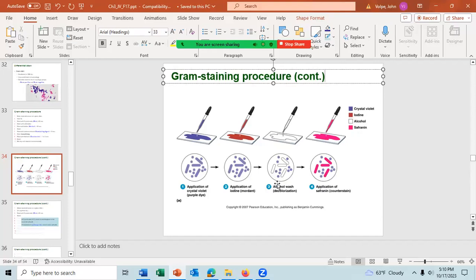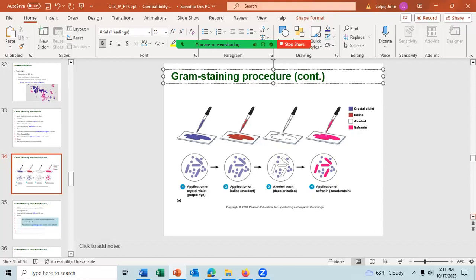We then do the decolorizing step, and it pulls the crystal violet iodine out of the gram-negative cells, but not out of the gram-positive cells. So this is the differential step of the gram stain. And then we stain with safranin, which stains the gram-negative cells pinkish. So the gram-positive cells are stained purple. The gram-negative cells are stained pinkish.